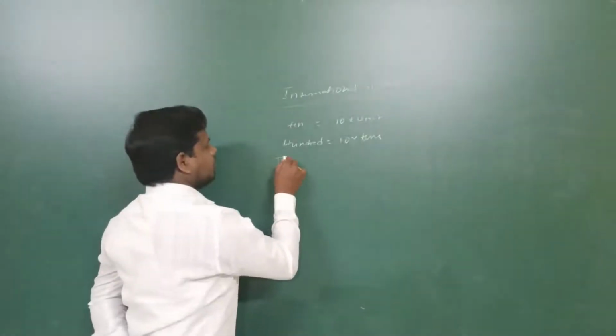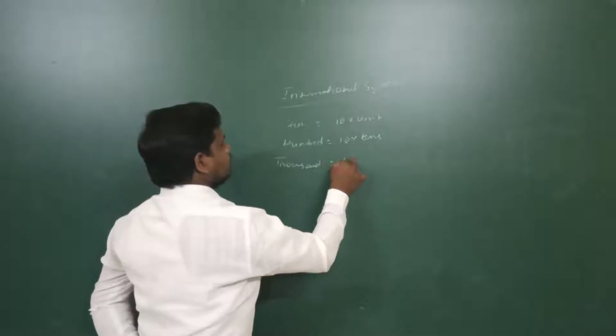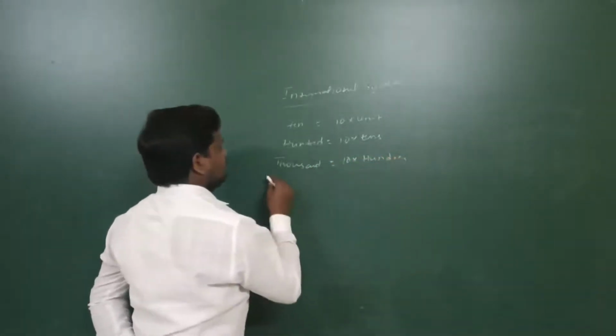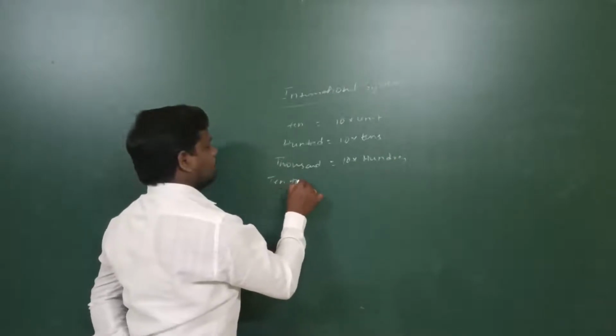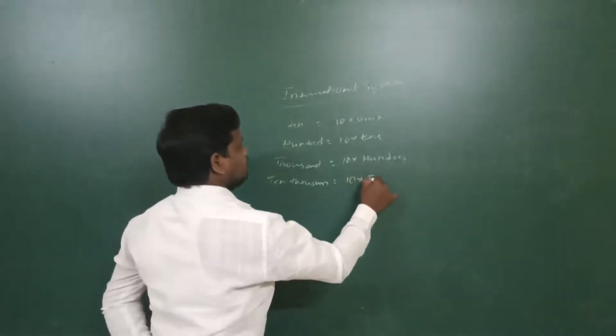Next 1000 equals 10 into hundreds. Next 10,000 equals 10 into 1000.